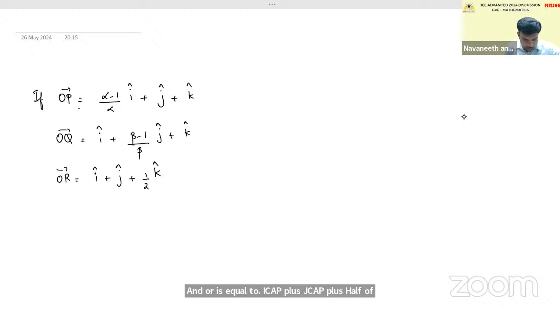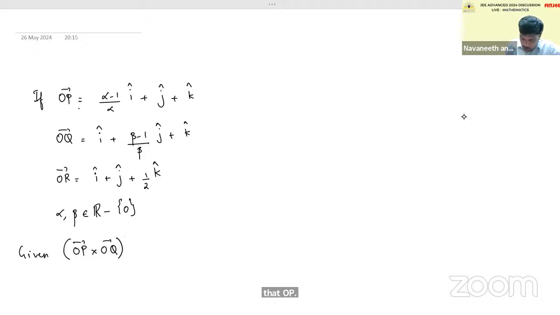And it's given that alpha comma beta belongs to the set of all real numbers except 0. And also it's given that OP cross OQ dot OR is equal to 0.